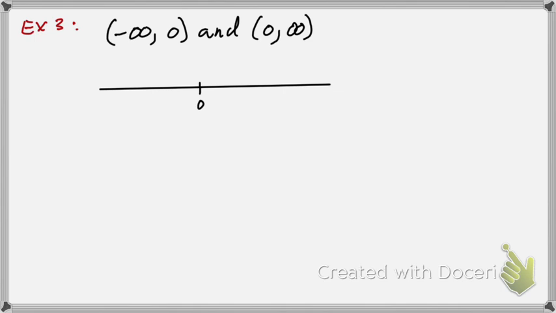I'm seeing negative infinity, positive infinity. My first one is going to go from negative infinity to 0. My second one is going to go from 0 to positive infinity.